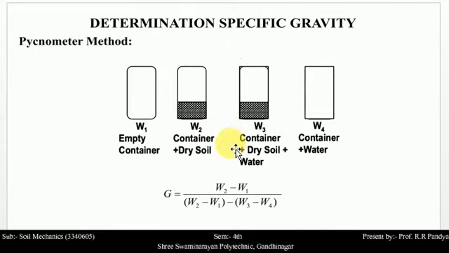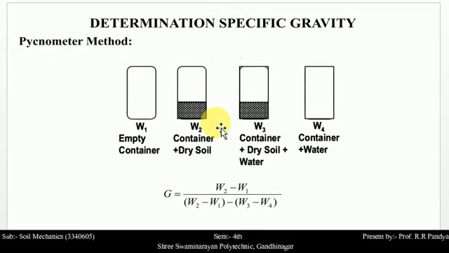Now there are two materials, the pycnometer bottle and the dry soil. Weigh them and give it the name W2.